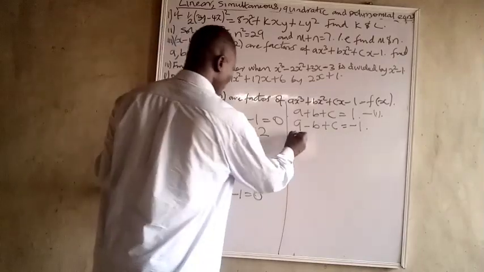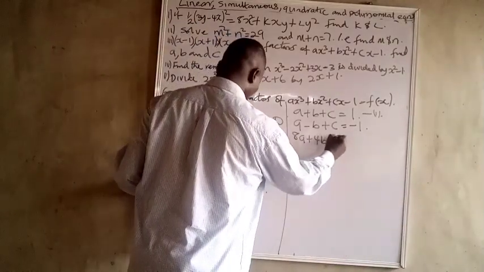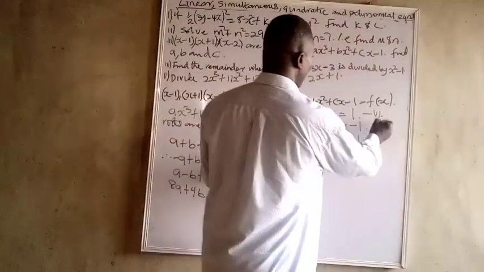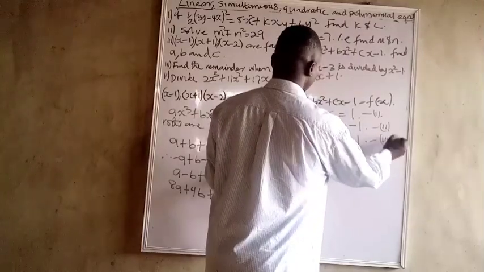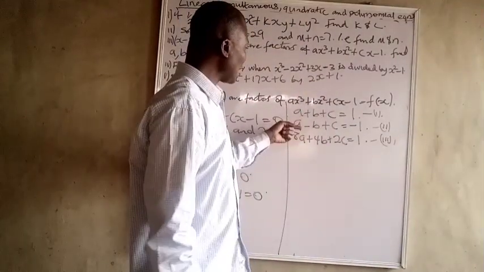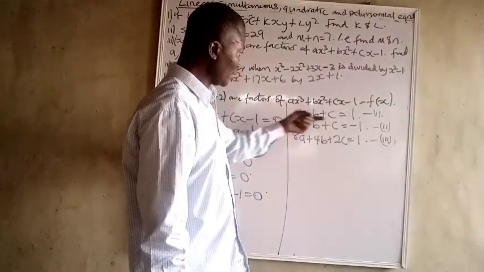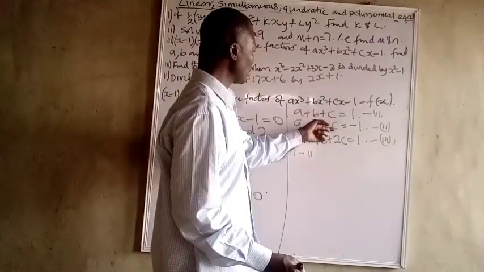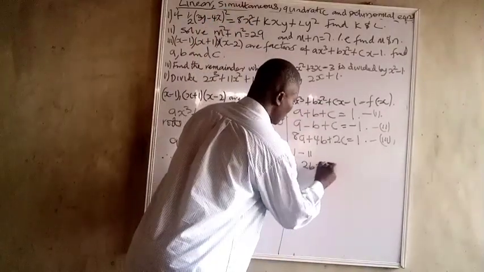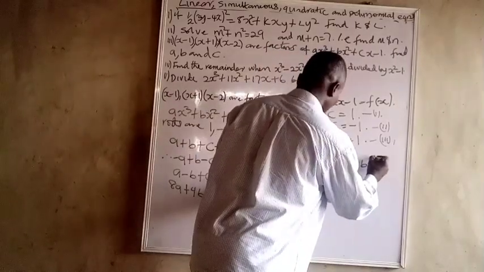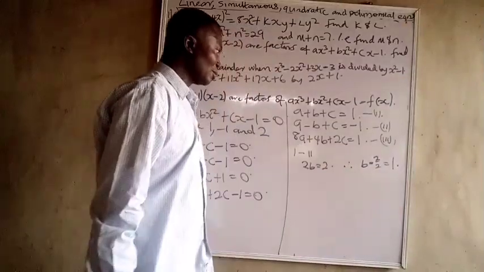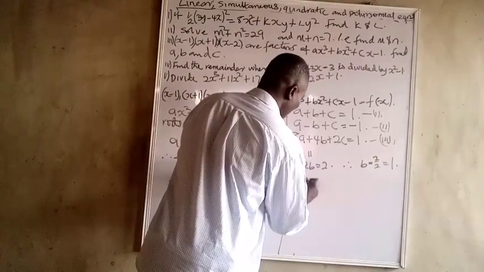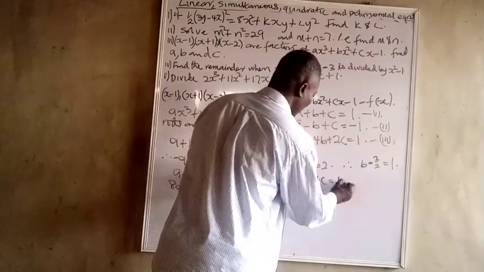So I can now say 8a plus 4b plus 2c is equal to 1. Now, I call this 1, I call this 2, I call this 3. If I subtract 2 from 1, this one and this one will cancel out. I'm going to have 2b equal to 2. So therefore, b is equal to 2 over 2, which is equal to 1. I have gotten 1 there. Next one now. Let me slot in this value here. So I'm going to have a plus 1 plus c is equal to 1.